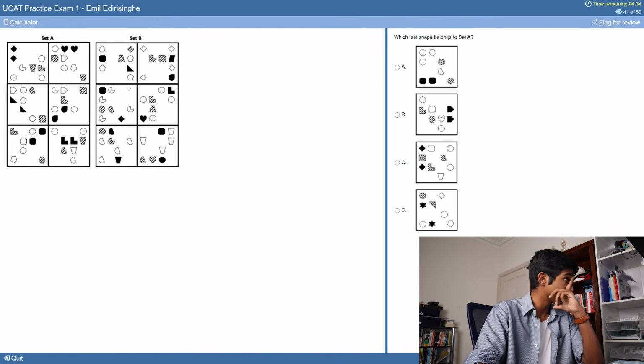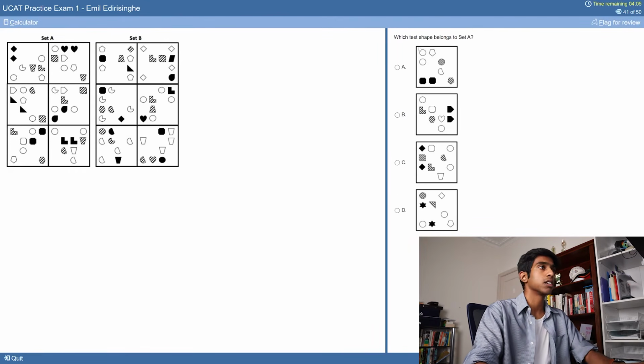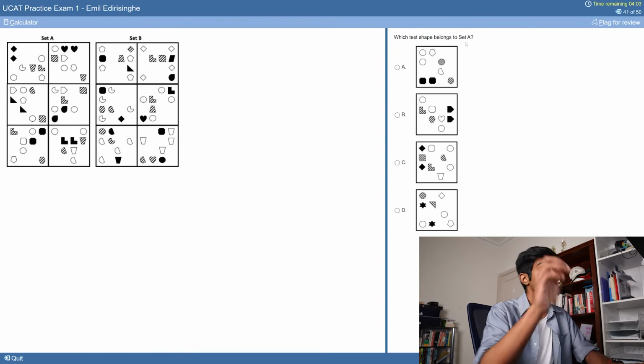In set B, they're different. And in set A, they're always next to each other. Set A, they're next to each other. Yes. And then the striped ones can be together. Yeah. And then in this one, the white ones are always the same shape, it seems. Yes. All right, we'll go with that. Set A.